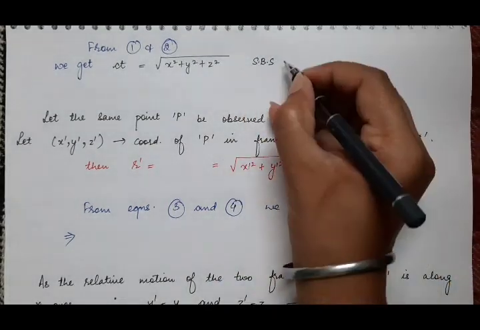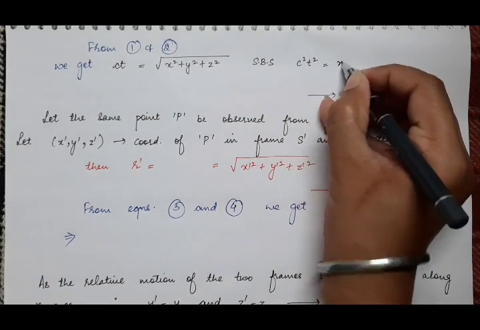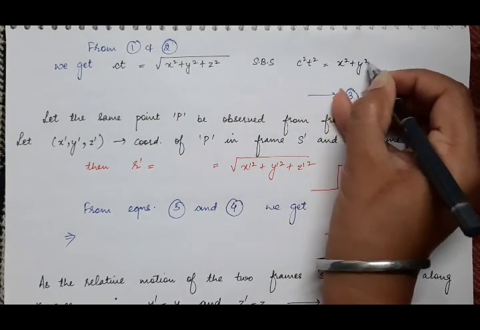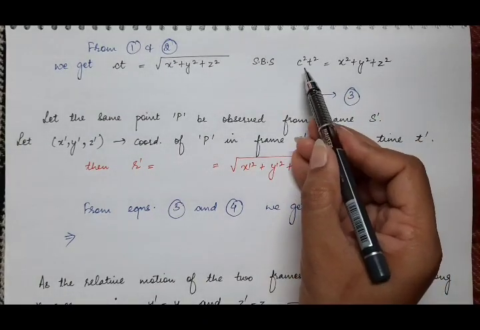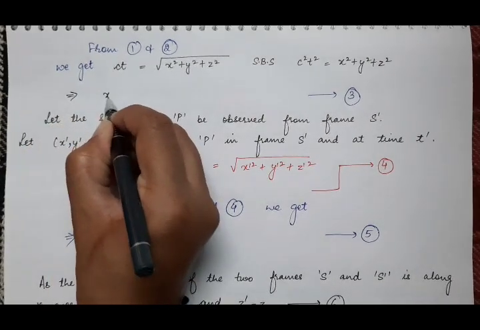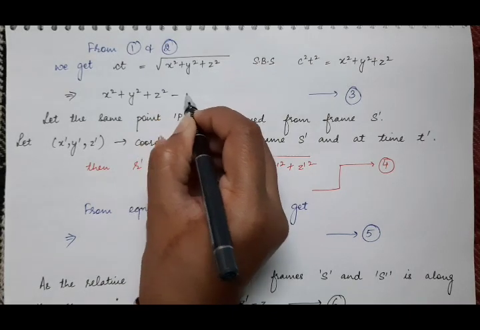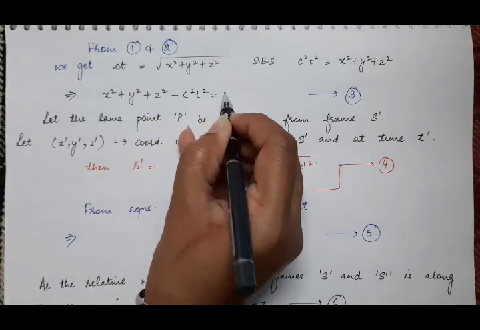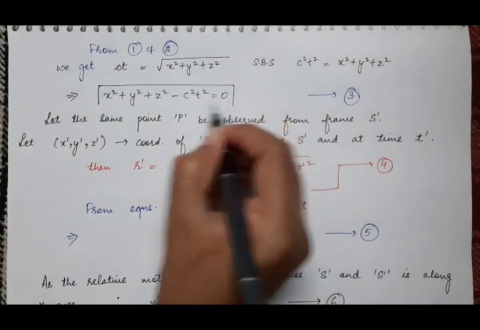After squaring both sides, you will get c square t square equal to x square plus y square plus z square. Now move this c square t square to this side, and you will get x square plus y square plus z square minus c square t square equal to 0. Suppose this is equation number 3.